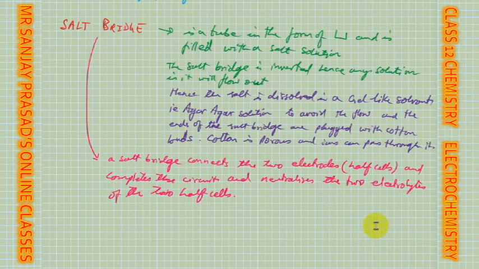Okay. So if you are talking about a salt bridge, it connects the two electrodes, that is one thing, completes the circuit is another, neutralizes the two electrolytes. These 3 points you have to know. Clear?